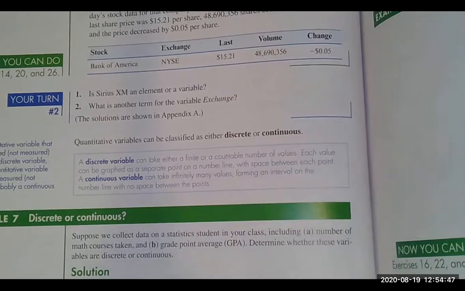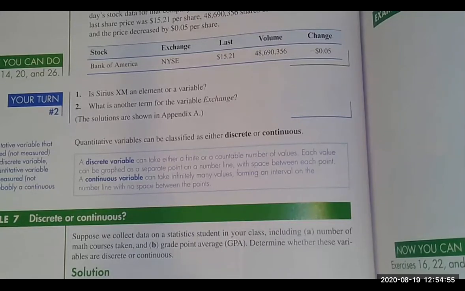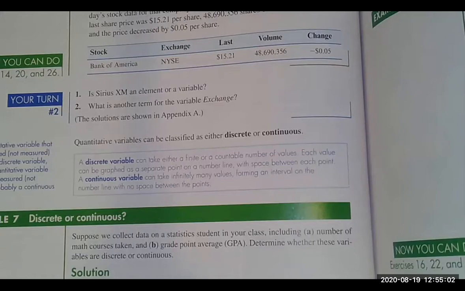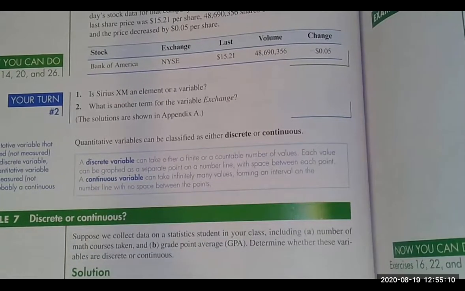All right, so on a number line between number 1 and 2, in algebra, you might have talked about this, that there's infinitely many numbers on the number line between the number 1 and number 2. Infinitely. That's where continuous would come into play. That's something you're measuring.